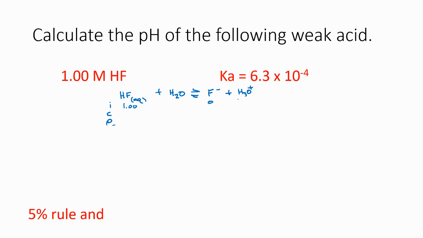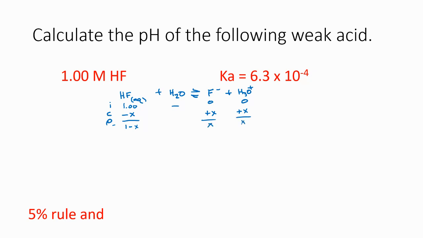I have none of these products. I'm ignoring water because it's not part of my equilibrium expression. I know that some small piece of this HF is going to dissociate, and I'm going to gain that same amount in terms of the concentration of F minus and of H3O plus. So at equilibrium, I'm left with 1 minus X for HF, X for F minus, and X for H3O plus.